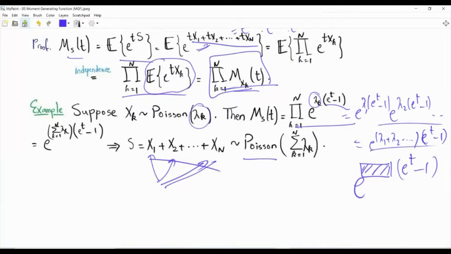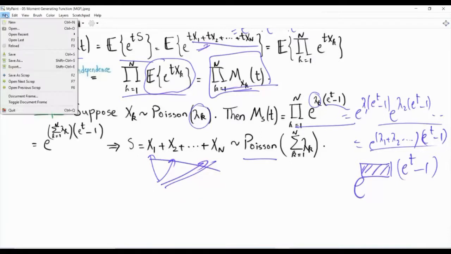There are some random variables for which this expectation is finite for every t, and some for which it is only finite at t equals 0. The moment generating function of a sum of independent random variables is a product, and this allows you to do manipulations of the sum in a much easier way than if you use the PMF or PDF in the case of continuous random variables.